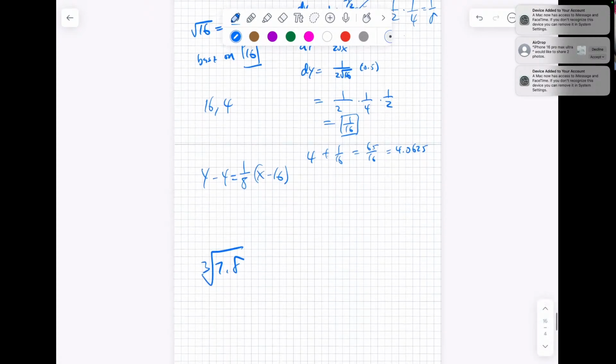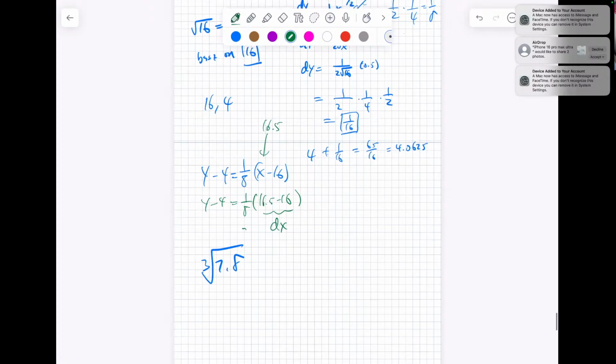If I were to approximate 16.5, that means I'm going to replace x with 16.5. So y minus 4 is equal to 1 over 8 times 16.5 minus 16. This is the dx. Do you see that? 16.5 minus 16 is the dx, right? The whole thing is the dy.